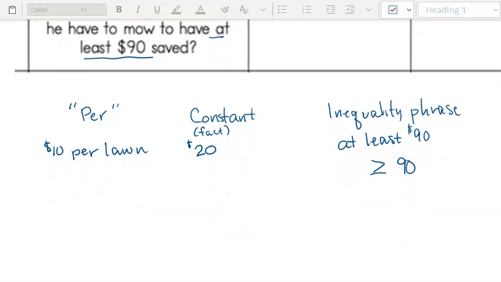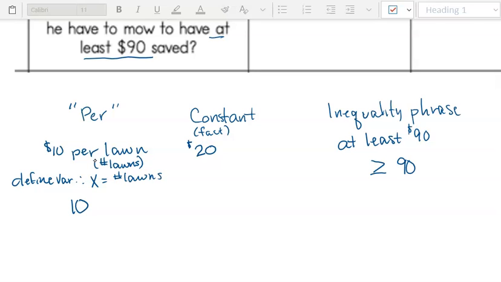So now we're going to just take the rest of this and turn it into an equation. $10 per lawn would be like 10 times, if I call per lawn the number of lawns, I'm going to call that x. So this is my define a variable statement. So if I say define the variable, x equals the number of lawns.